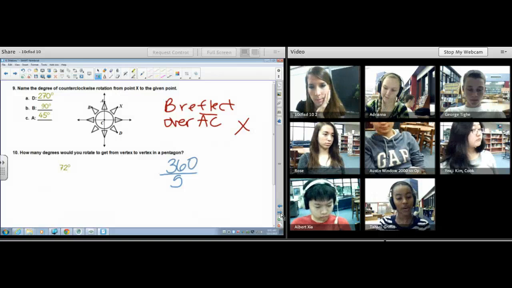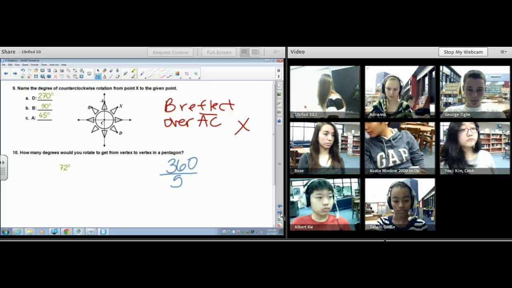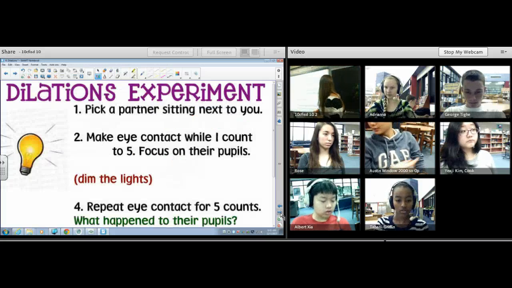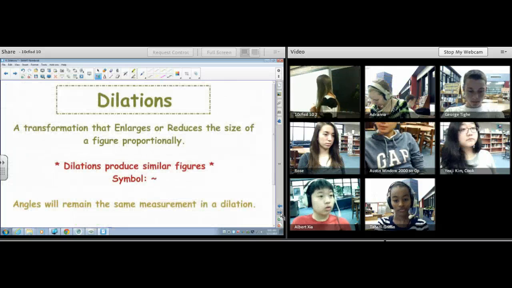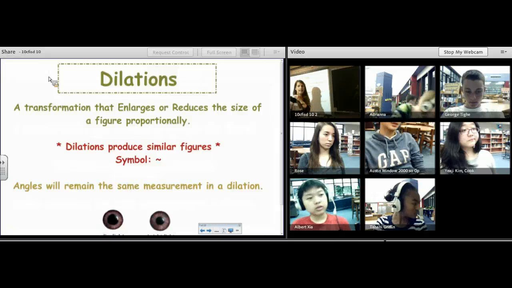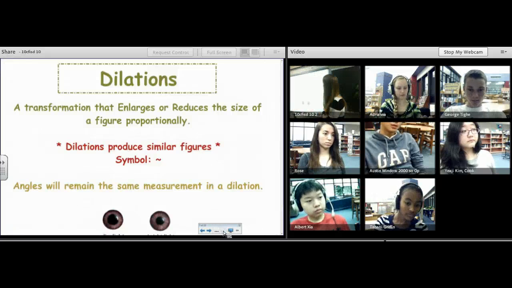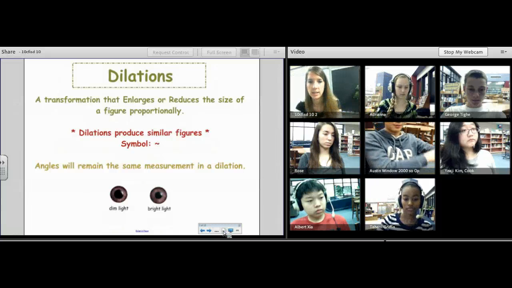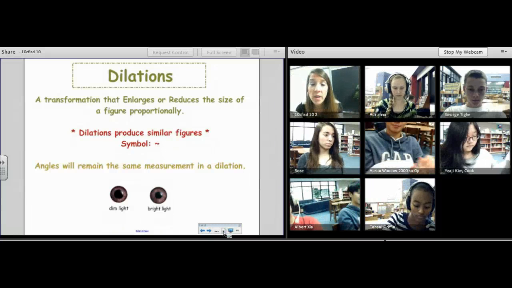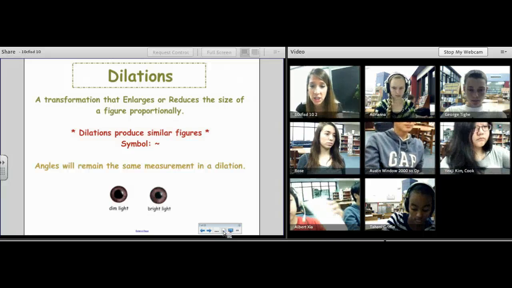Okay. Moving on. We're not going to do a dilations experiment, but this is our last lesson, like I said, and you can title your notes Dilations. This is our only transformation where we're actually going to change the size of the shape.